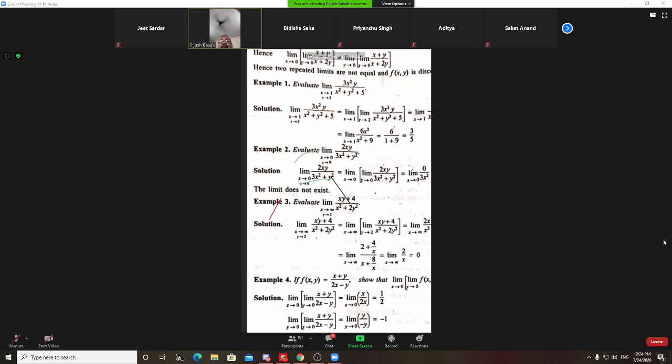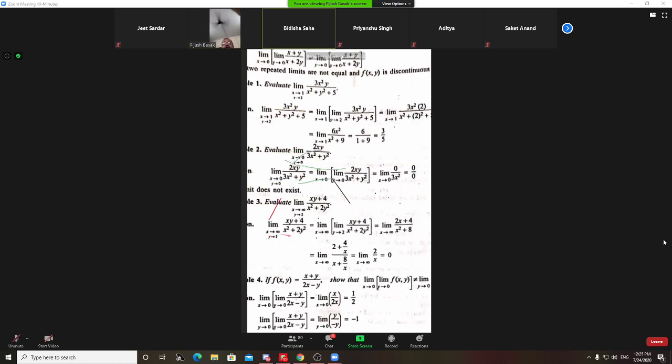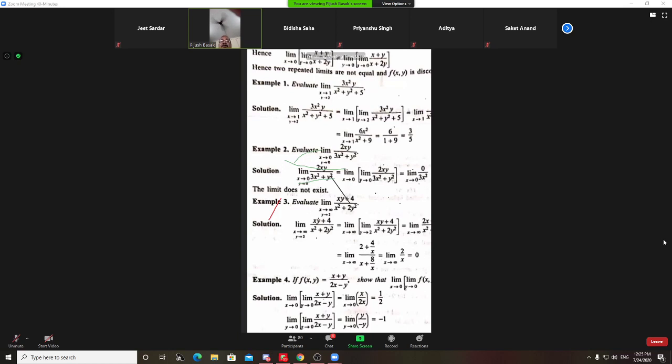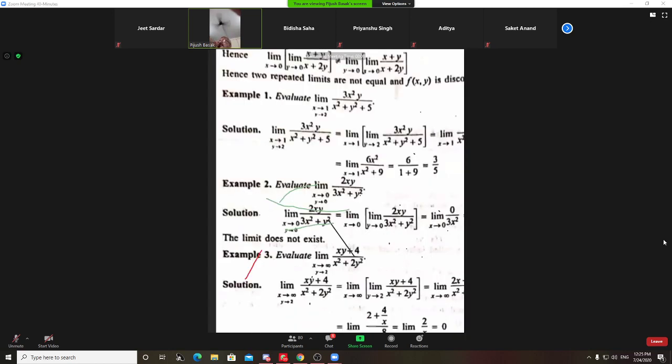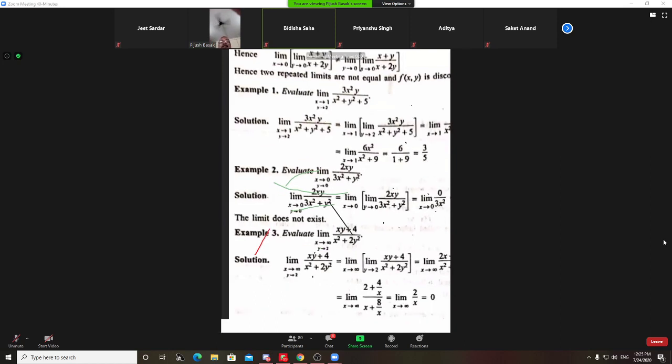So it comes 0 by 0. We know from differential calculus that if the limit comes as 0 by 0, the limit does not exist. We had this knowledge from your class 12 knowledge. If 0 by 0 or infinity by infinity form comes, then the limit does not exist.